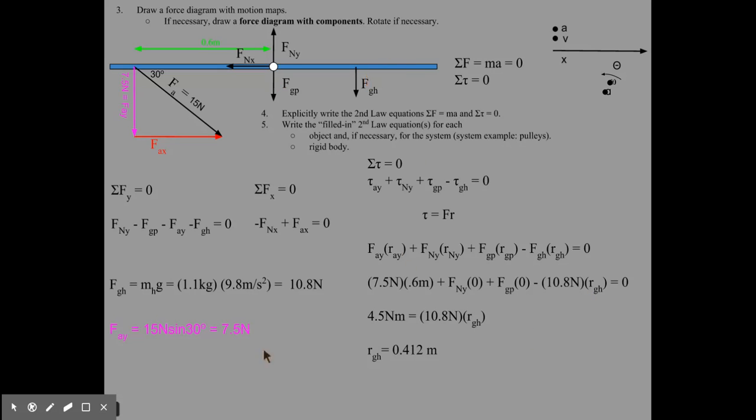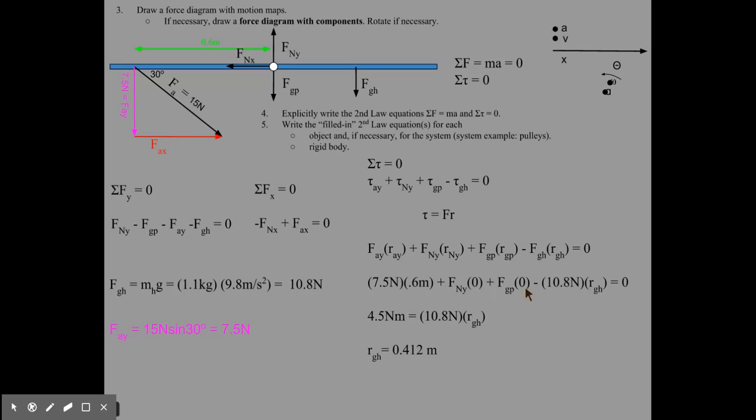Our hanging mass, we figured out earlier, is going to be 10.8 newtons, and it's going to be over here, and it's going to cause us to go clockwise, so that's why we have a negative sign here. We're going to multiply that times R, which is some distance from here to here, and we'll call that RGH.